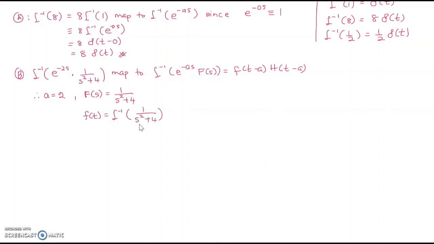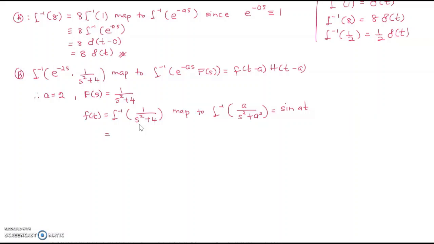Again, look at the table. This one is mapped to the inverse of the constant a over s squared plus a squared, which is sine at. So by mapping 1 over s squared plus 4 to a over s squared plus a squared, we know that our a here is 2.